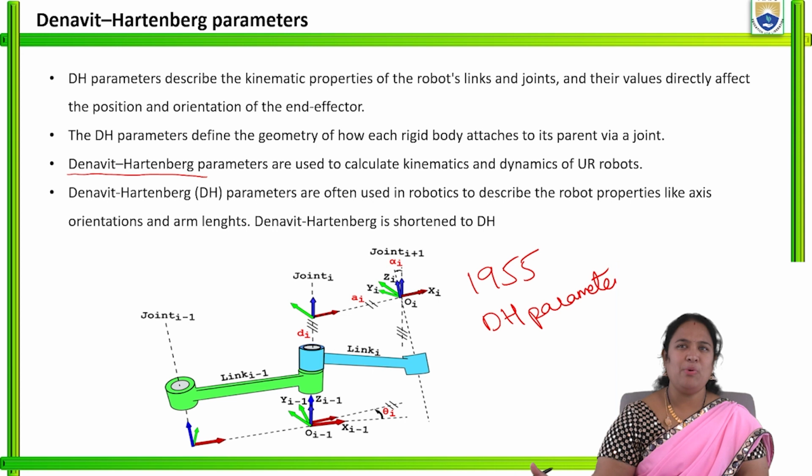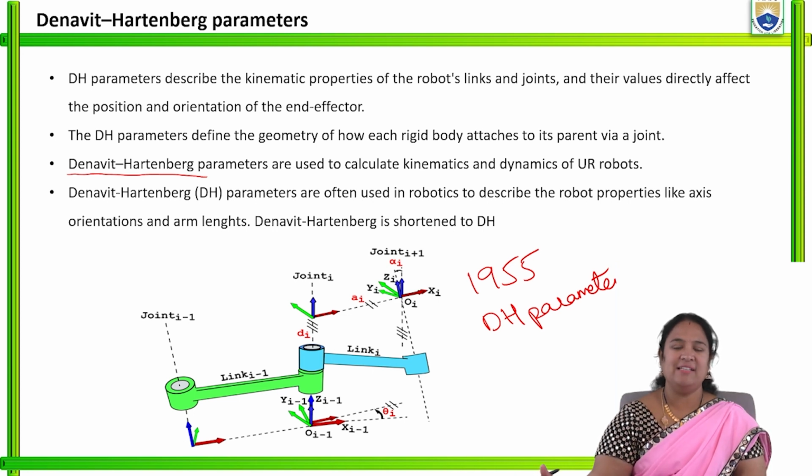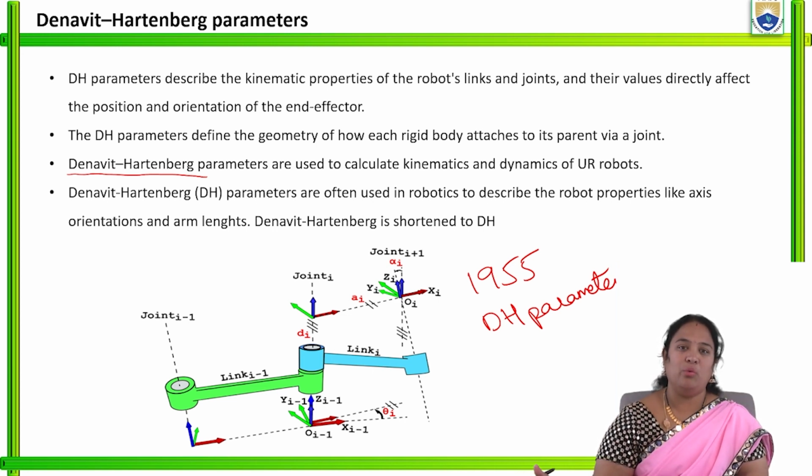Based upon the kinematic properties of the links and joints, we can find out the end effector's position or orientation of any particular robot.